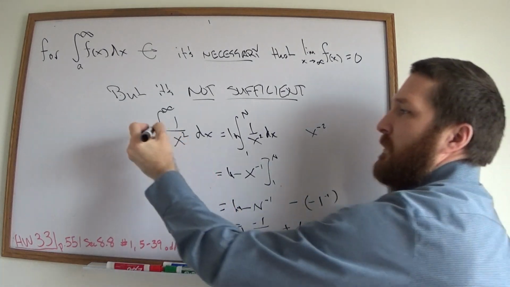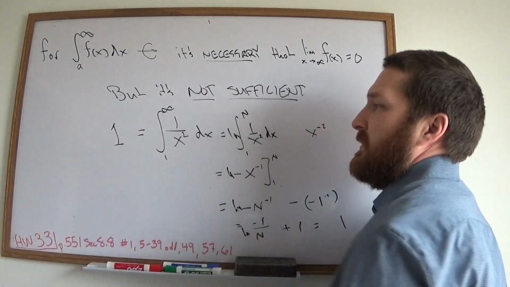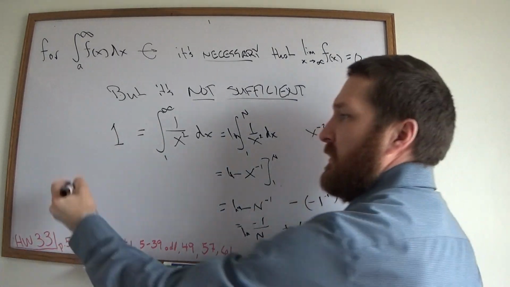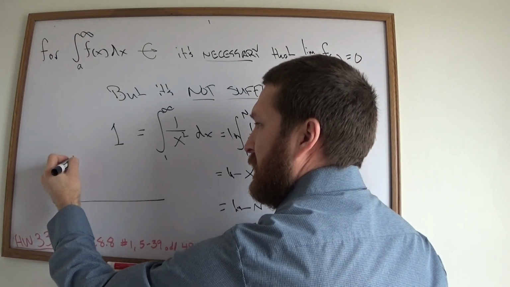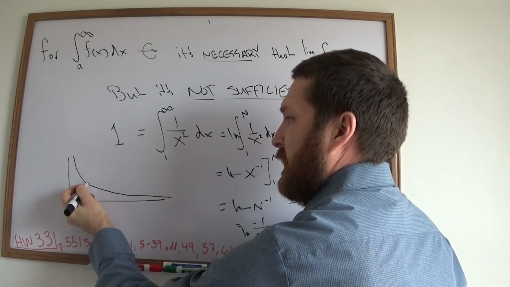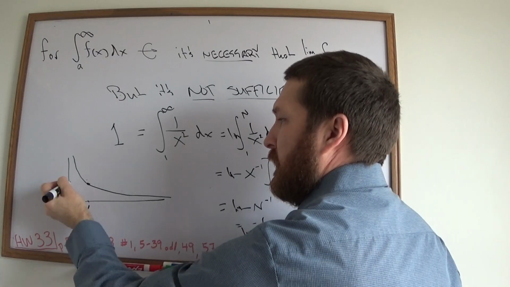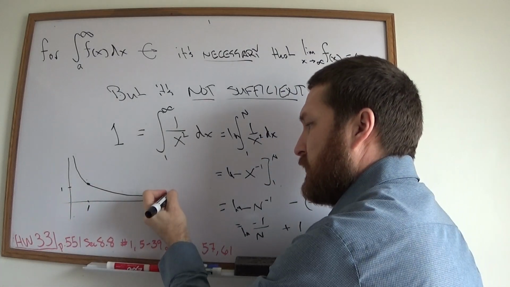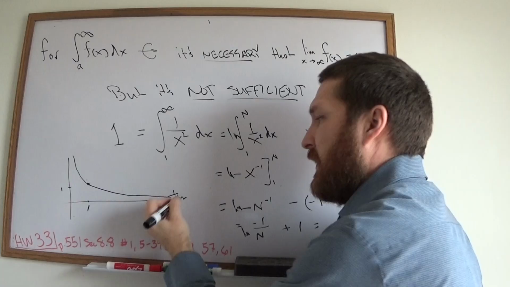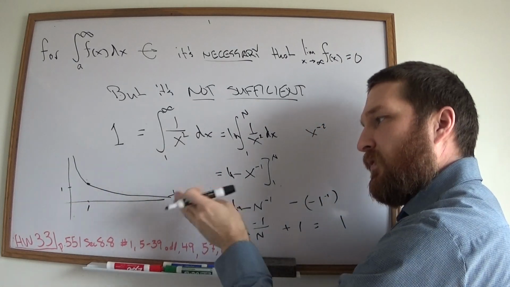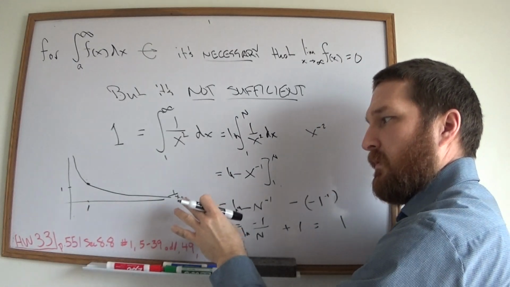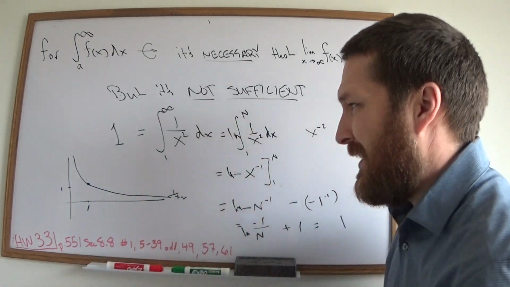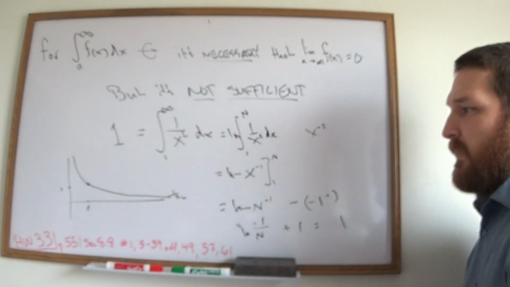And so this converges. In particular, it converges to 1. So this function, 1 over x squared, converges.